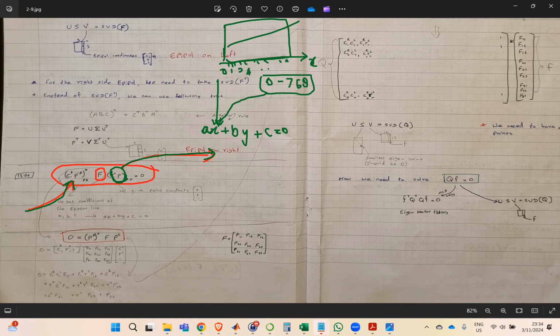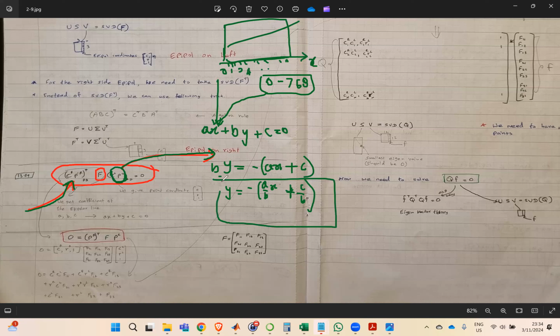So you need to get your Y for these points. That means you need to take Y to one side, and you need to write this equation. Then you take all other things to the other side. That means y equals minus ax plus c, right? Then I need to divide everything by B. So it becomes minus A divided by B x minus C divided by B, right?